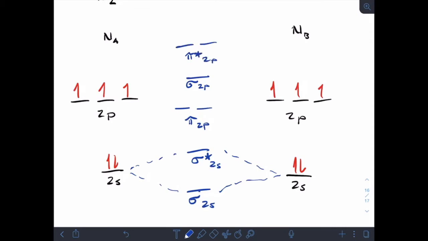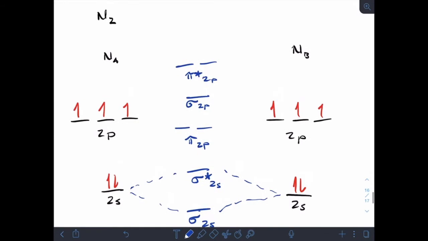It also has 2 slots. And then at the very top, we have a sigma antibonding, sigma star 2p, and it has a single slot. Same deal here, this whole section goes with the p's.